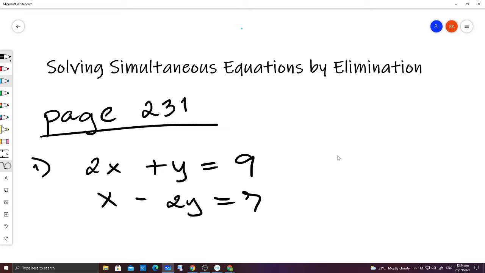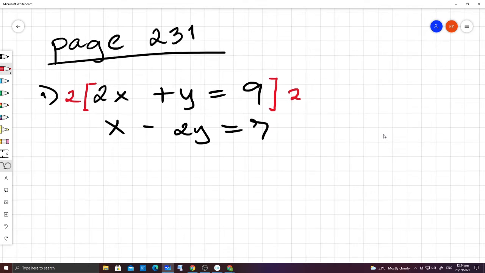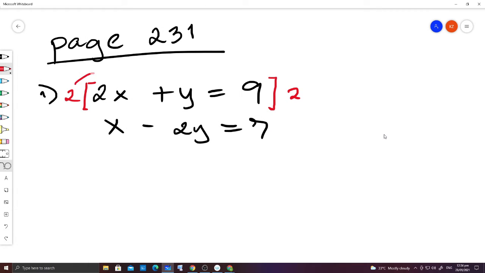Okay, so again, we can eliminate either x or y. If I choose to eliminate y, and we have negative 2y here in the second equation, I must multiply the first equation by positive 2, both sides. Then we can have 4x plus 2y equals 18, okay?